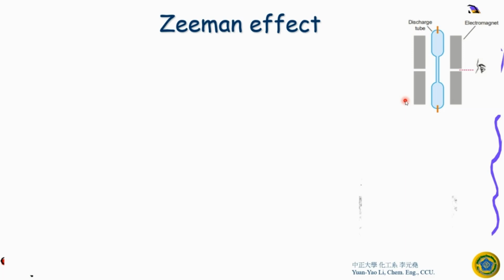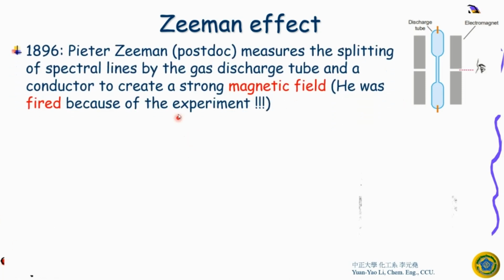The second thing against the Bohr atomic model is called the Zeeman effect. Zeeman was a postdoc. Do you know what a postdoc is? You are bachelor students now, right? If you graduate, you get a bachelor degree. If you study further, you get a master degree.